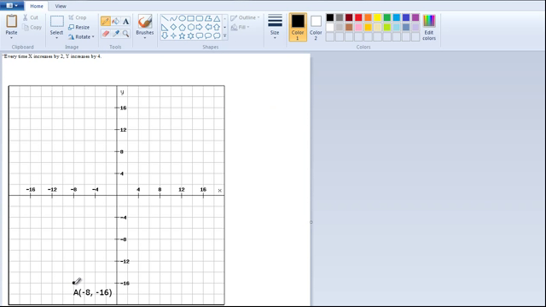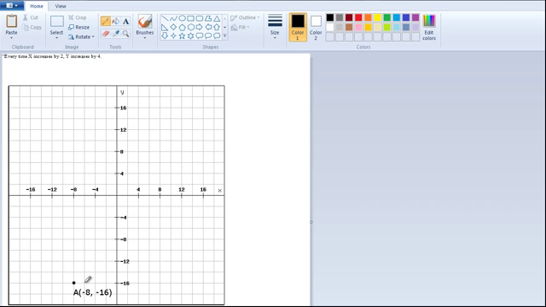We start in this point, and then every time we increase x by 2, which means that we go in this direction to the right, and 1 square is equal to 2. We go from minus 8 to minus 6. So if we go from here to here, when we increase x by 2, we increase y by 4.